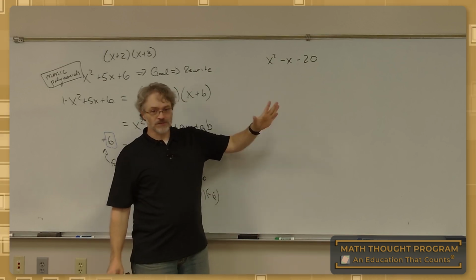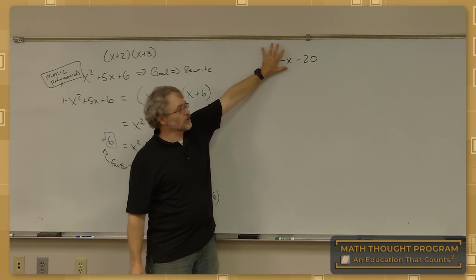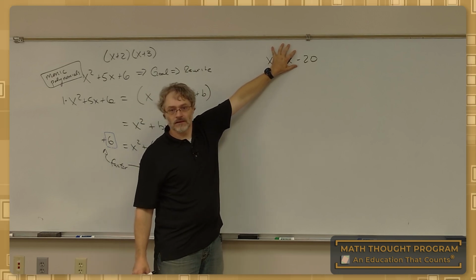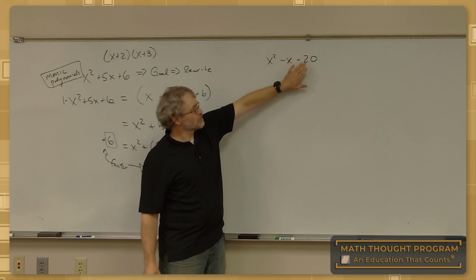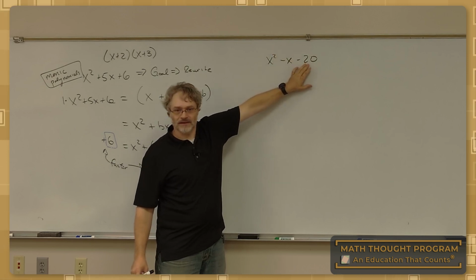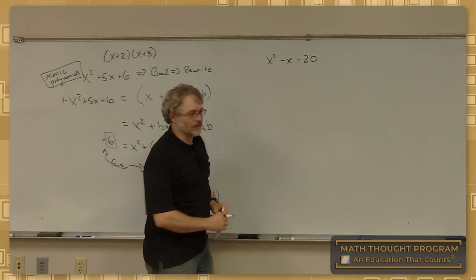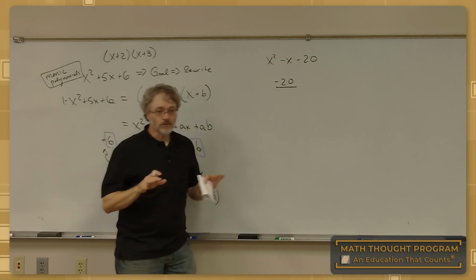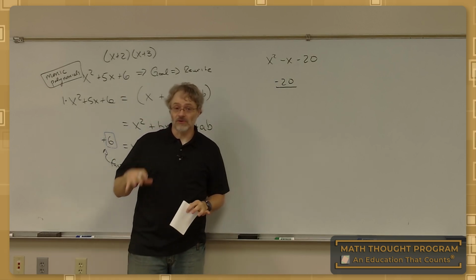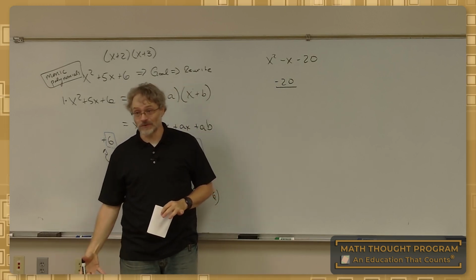So, first things first. Don't worry about this. Don't be intimidated by it. Just worry about the -20. Take the -20 and look at all the different ways of how you can factor this particular number.